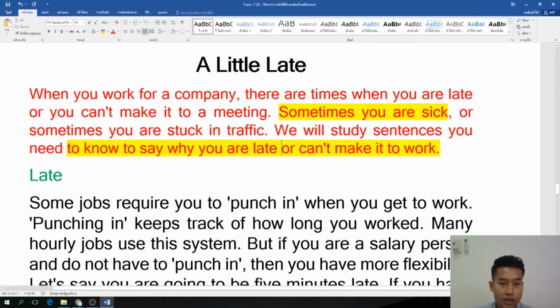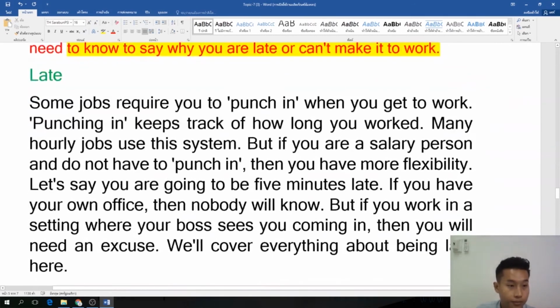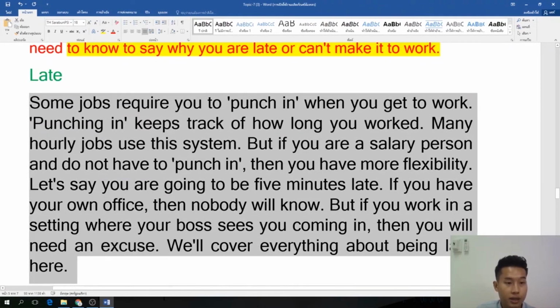Okay, number one, a little bit late, means when you're working in a company, right? Sometimes you might be sick. Sometimes because of a traffic jam you cannot come on time. This is the way to say an excuse to your boss. Here, some jobs require you to punch in when you get to work. Punching in keeps track of how long you work. Many hourly jobs use this system.